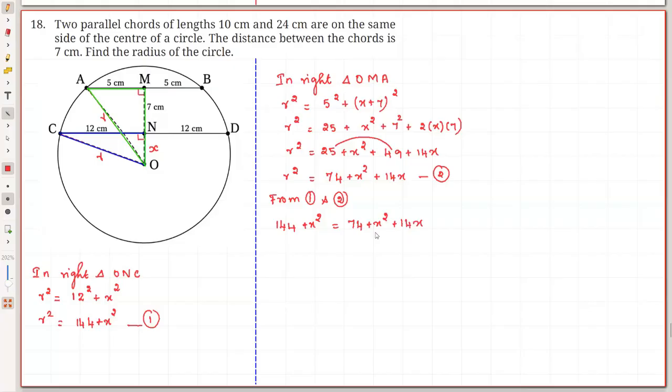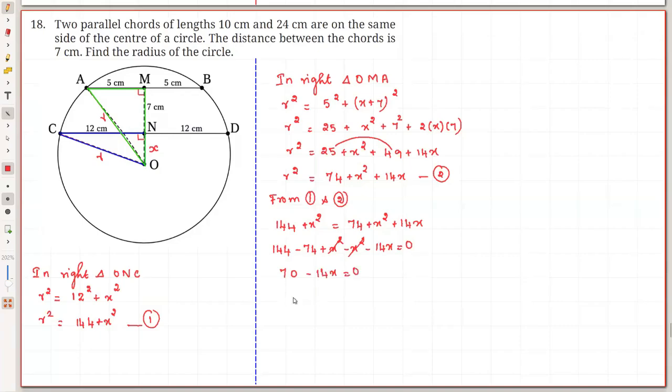Now bring everything to the same side and simplify. 144 minus 74, plus x square minus x square, minus 14x is equal to 0. x square minus x square is 0. 144 minus 74 is 70. So 70 minus 14x is equal to 0.